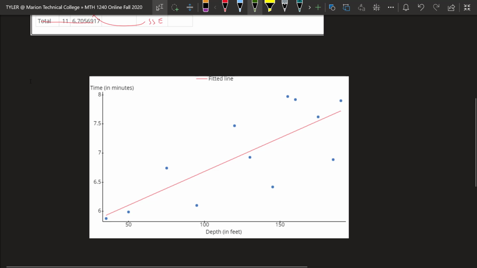Right, so this x value that goes with this data point would be the smallest x value, which is 35.